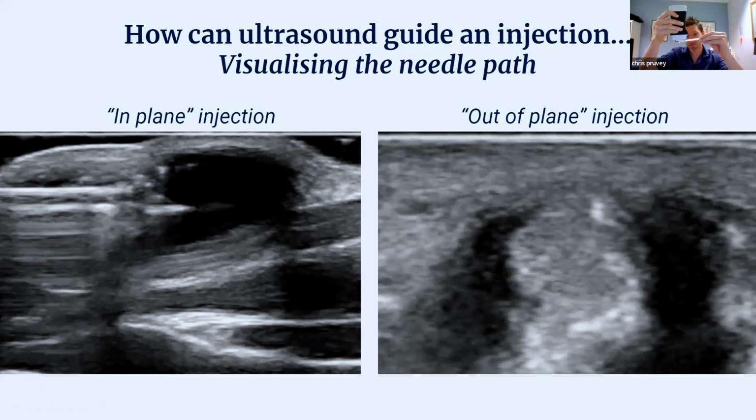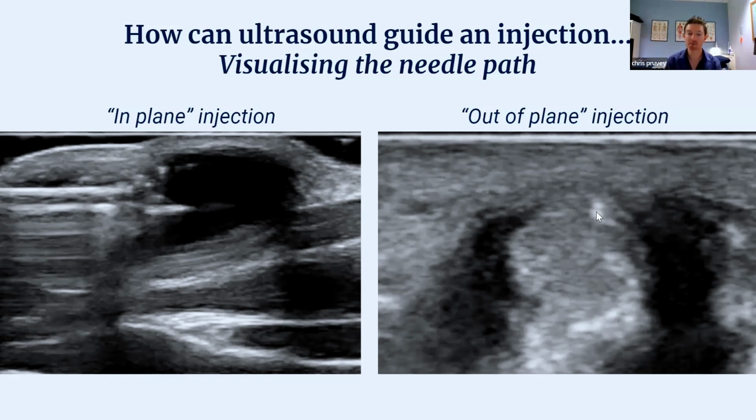Sometimes things are more amenable to a different approach because things are in the way. Sometimes we do what's called an out-of-plane injection, where I'll put the probe directly in the center over where I'm going to hit, and I'll come down and through. So you might only see, believe it or not, a tiny little white dot just at the top of this tendon, which is here.